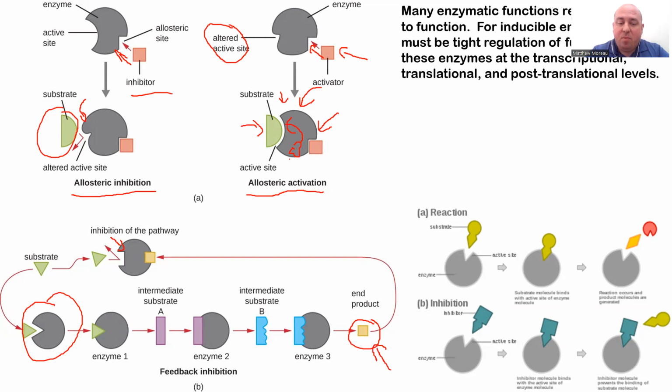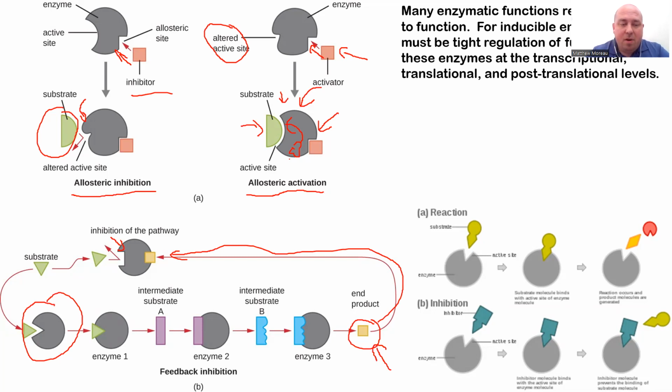You can always make more when you don't have enough, or if you need more, you can always get more. But when you have enough for whatever you need, these feedback loops allow for direct inhibition of protein function at the upstream enzymes in order to prevent the whole pathway from functioning.